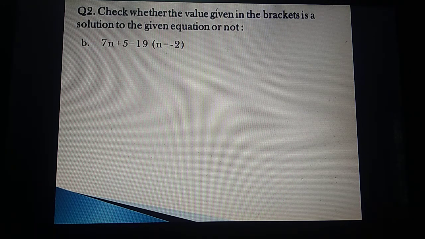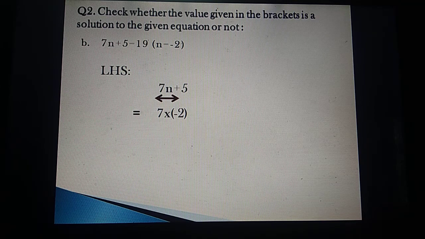B. Here you are supposed to replace n by minus 2. Move to LHS first. 7n plus 5. Replace n by minus 2. 7n means 7 into n. So you will write it as 7 into minus 2 plus 5. Solve the first part. You will get minus 14 plus 5.